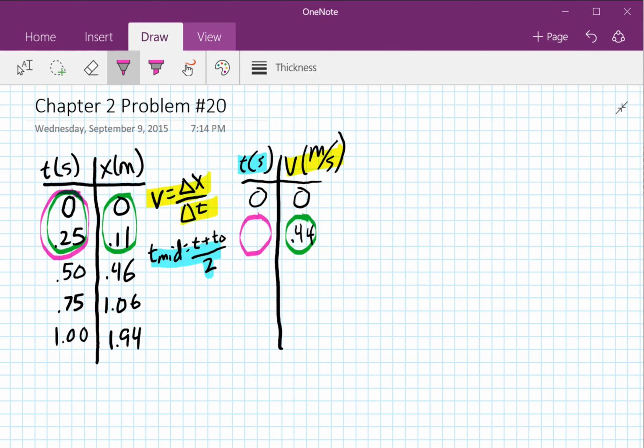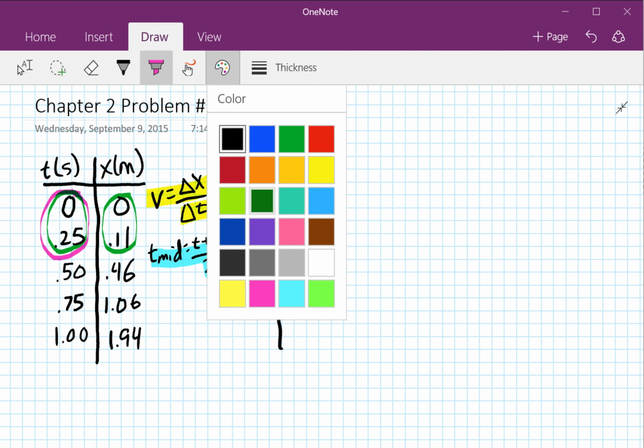Now again, you should remember you're using the t mid equation because that's the light blue column, so you've got to use the light blue equation, okay, based on the highlights. So you're going to do 0.25 plus 0 divided by 2, which is going to be 0.125.